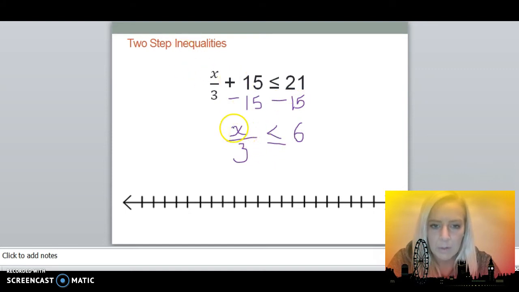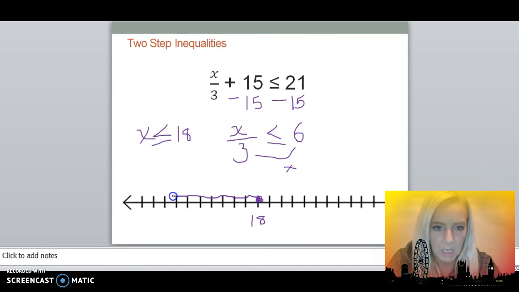My last step, x divided by 3, the inverse of division is multiplication. So 3 times 6 would give me x is less than or equal to 18. When I graph the terms, let's say 18 is here on my number line, x has to be less than or equal to 18. So I'm going to shade in the less than or negative direction.